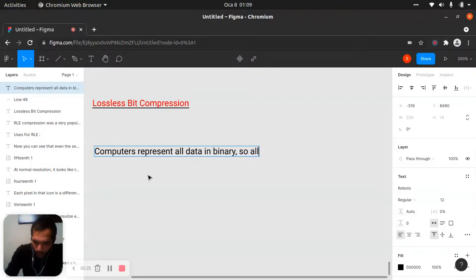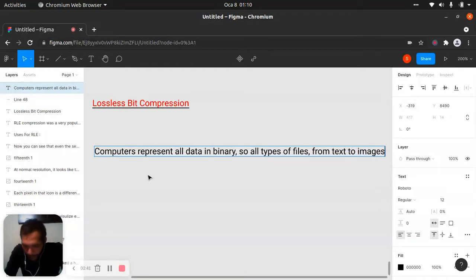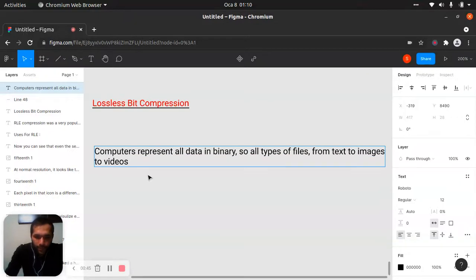So all types of files, from text to images to videos, are ultimately sequences of bits.